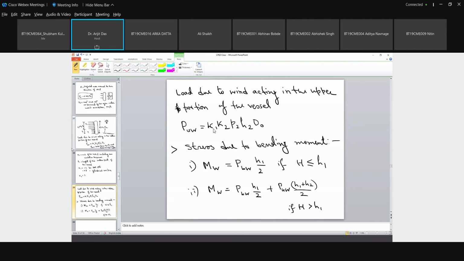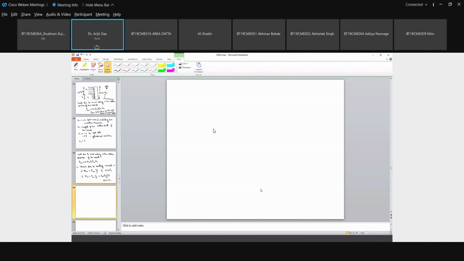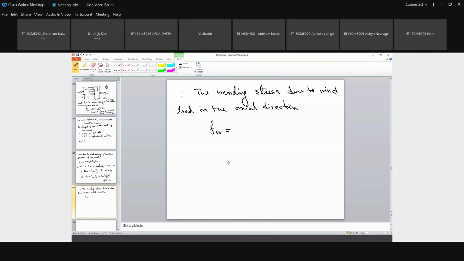And what will be the bending stress? The bending stress due to wind load in the axial direction will be F, which is nothing but 4MW divided by pi into (Di plus T) into Di into T, where T is the thickness of the pressure vessel.